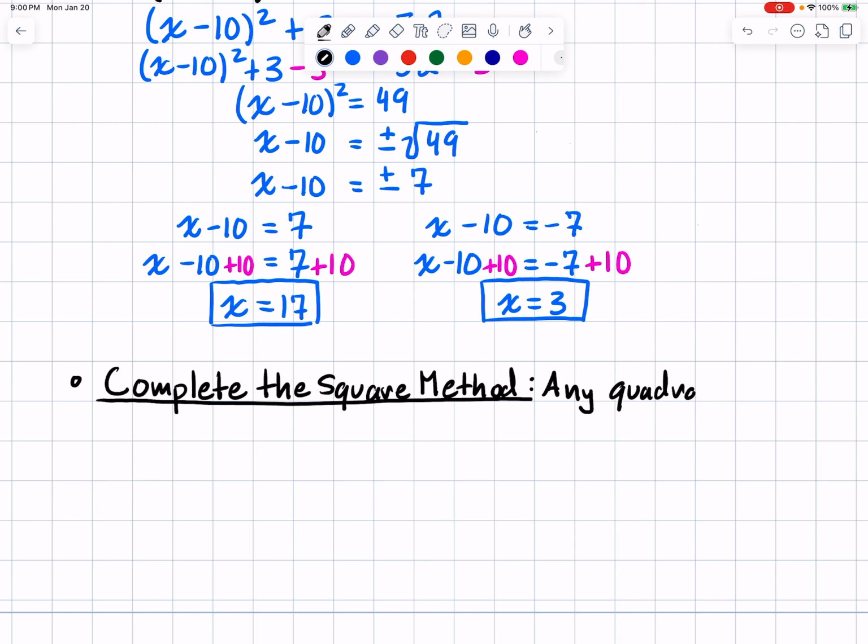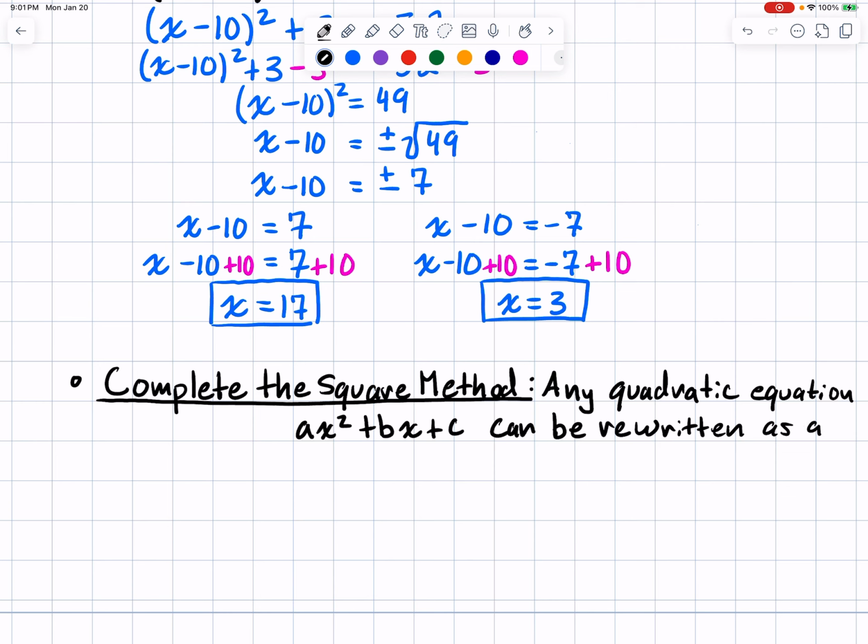Any quadratic equation, I'm going to move over to the middle so we have more room to write, ax squared plus bx plus c can be rewritten as a perfect square that can be factored to use the square root property.